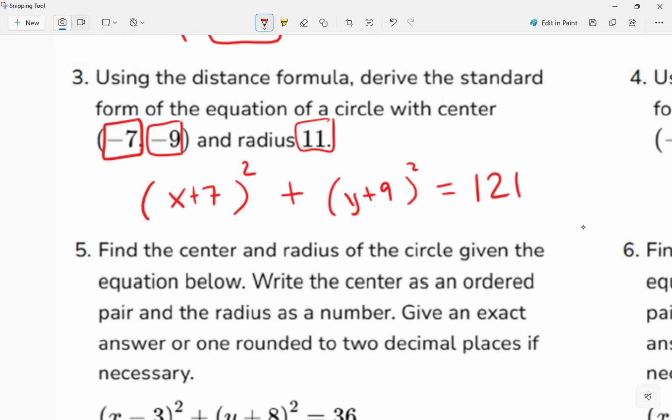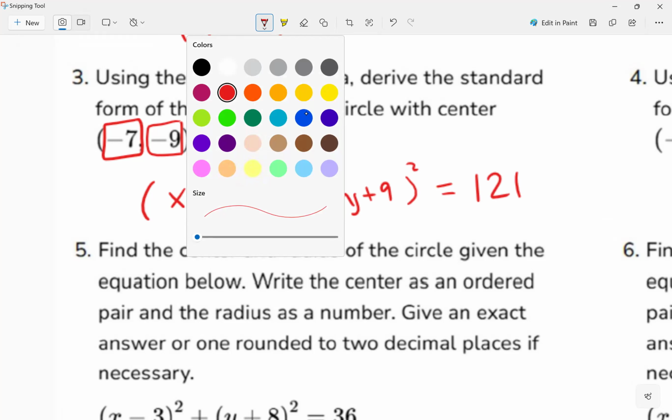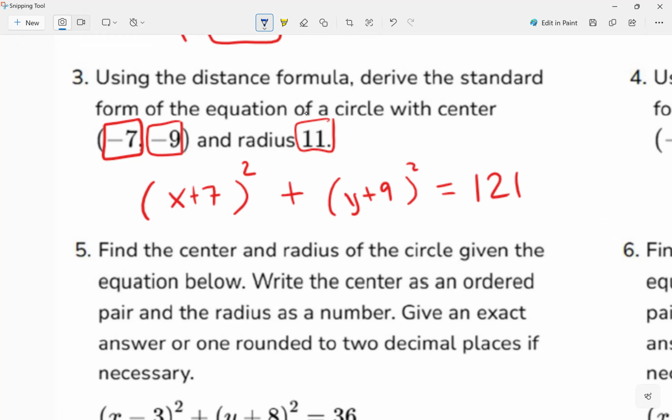That is the answer. However, how are we going to type this? My first parentheses squared is going to be given, the only thing is that I'm going to have a space inside of it. So I want you to complete it as x plus 7. Do notice that my x is lowercase, so don't capitalize the x.